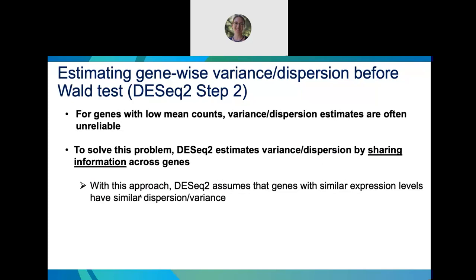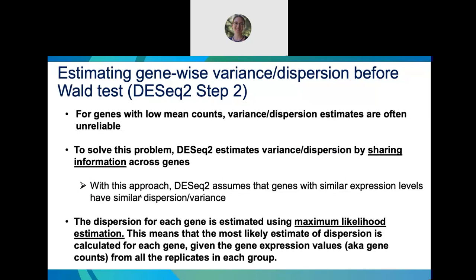So, right, the reason we need to have reliable estimates of variance is so that the Wald test can make mathematical models that are reliable. And the way that DESeq2 does this estimation is using a statistical process called maximum likelihood estimation.